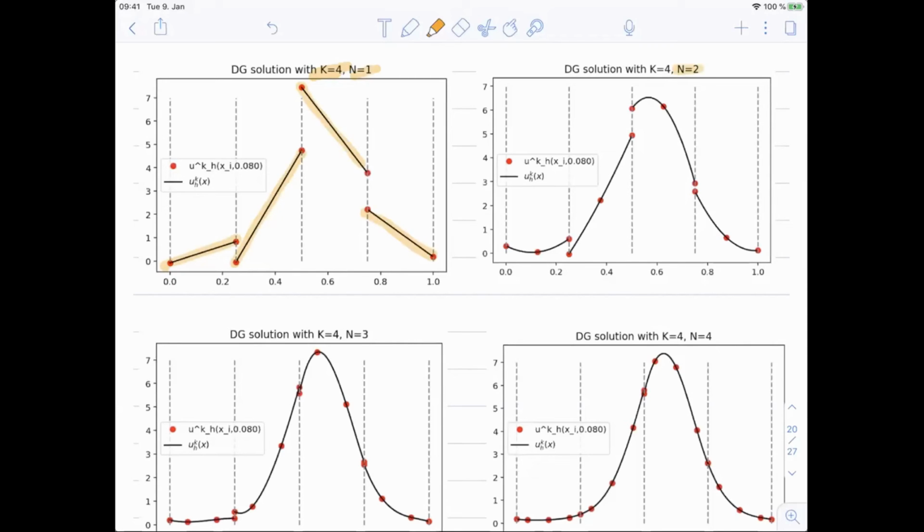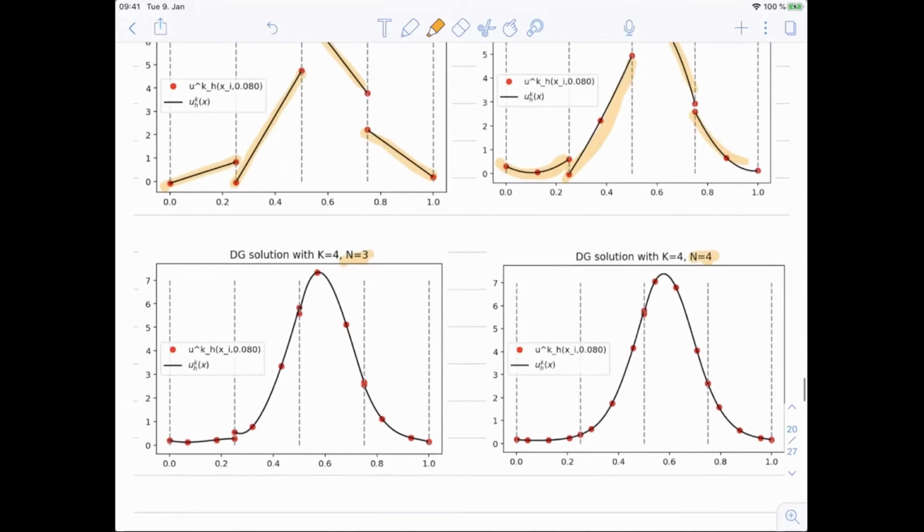If I go up to expansion order 2, I have parabolas in each element. And it's already beginning to look like the actual solution being evolved. N equals 3, we have cubic functions. N equals 4, we have 4th order polynomials. And despite only having 4 elements, it's now already very clear that this is turning into a continuous function, which is a good representation of the actual solution.